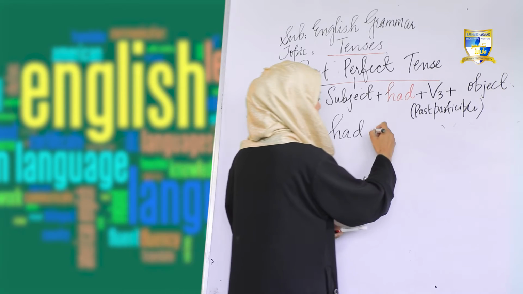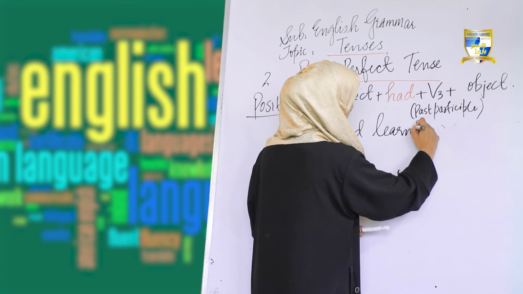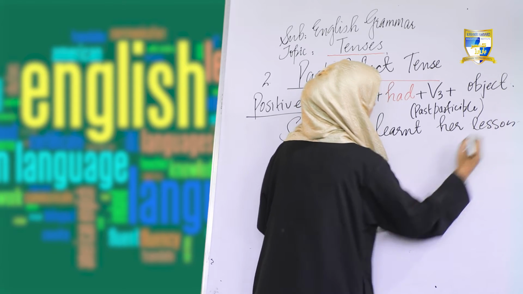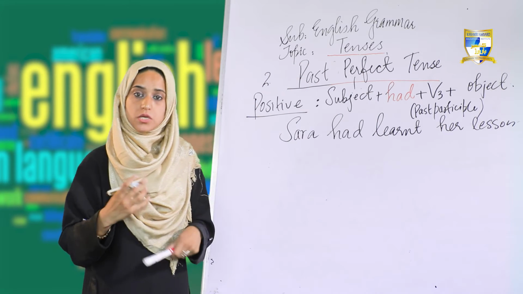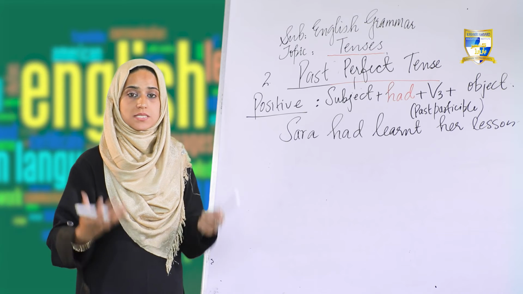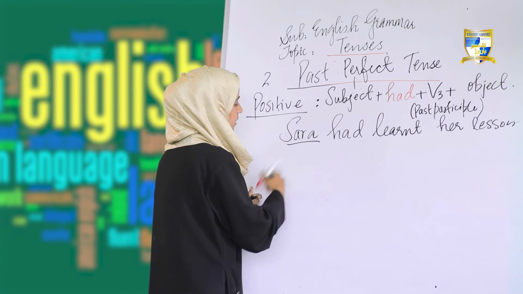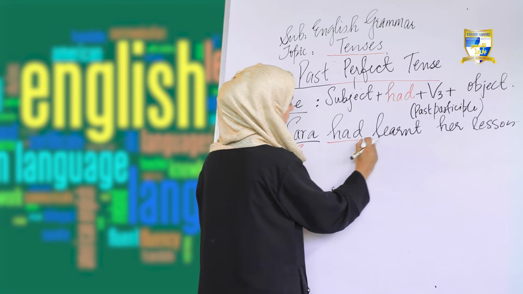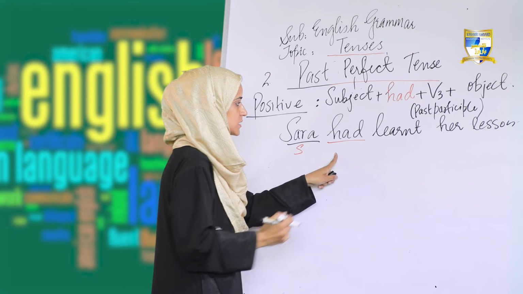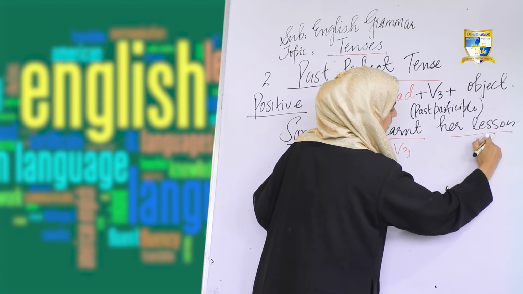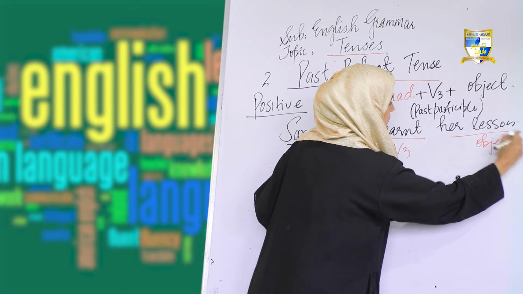So Sarah had learned her lesson. Here the action of learning was done in the past. It was completely done. Sarah is your subject, had is your auxiliary verb for the past, learnt is your verb 3, and lesson is your object.